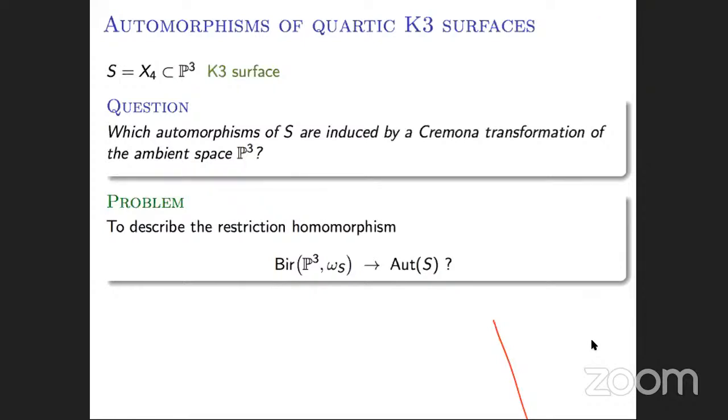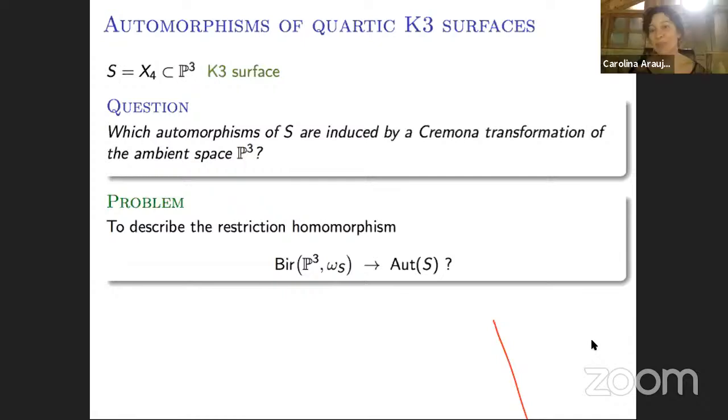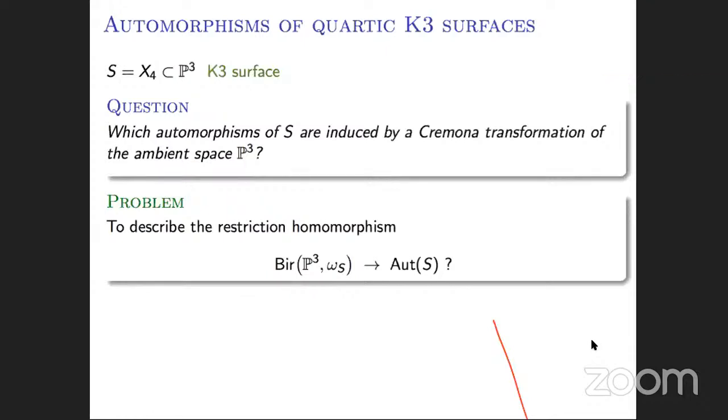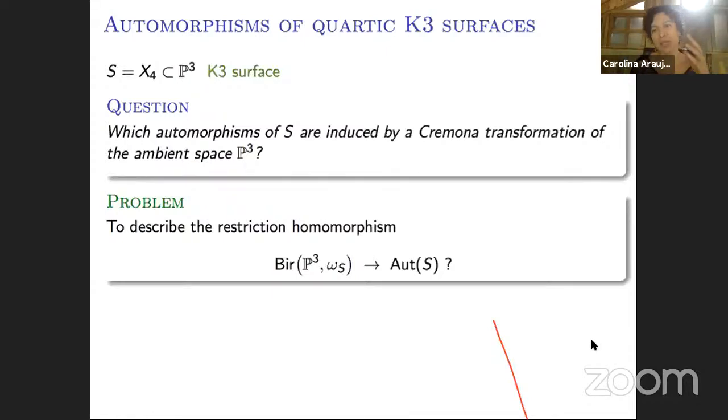Okay, so here when you write the notation omega S, does it mean that you are leaving only an open set of S fixed? Well, yes, but then it automatically will stabilize the whole surface. It does not leave it fixed pointwise. It induces a birational map of the hypersurface.